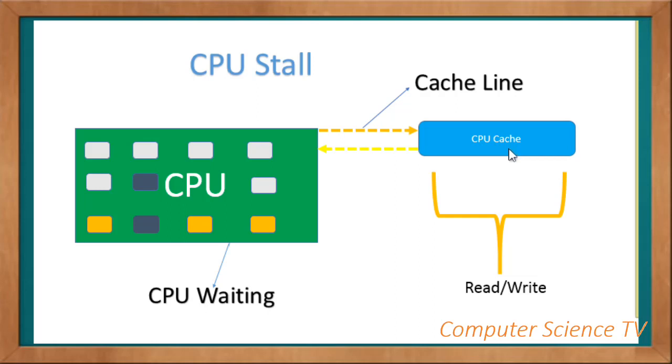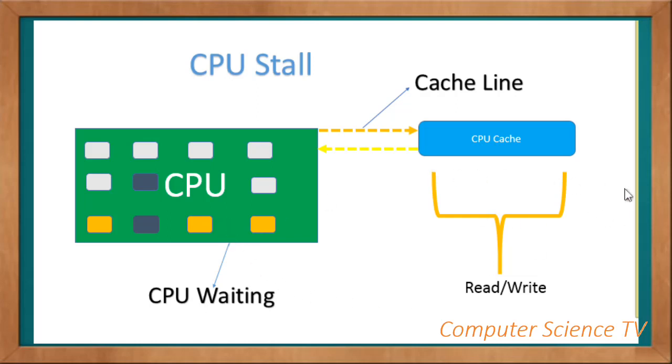As compared to the processor, it's still very slow. So the processor is going to be waiting, and that is what we call a CPU stall. It is the state reached by the processor when, instead of performing work, it is waiting for a cache line to return. That is what we mean by the CPU stall.